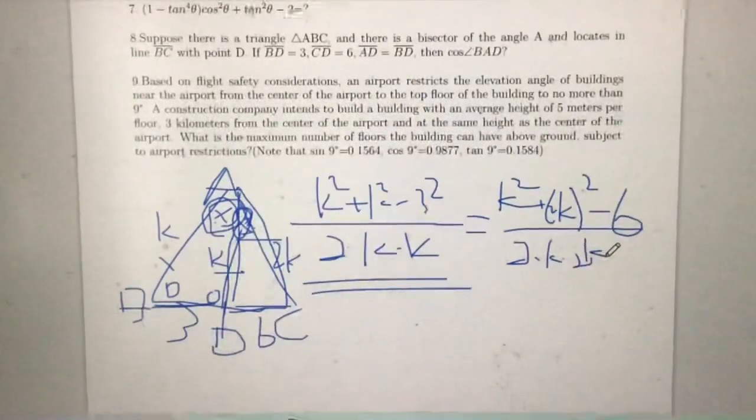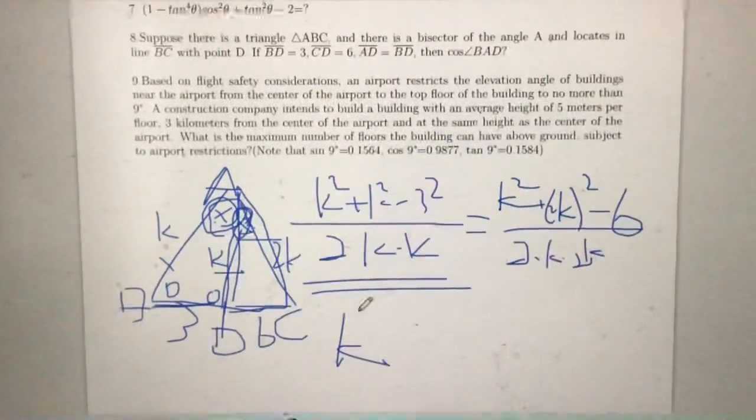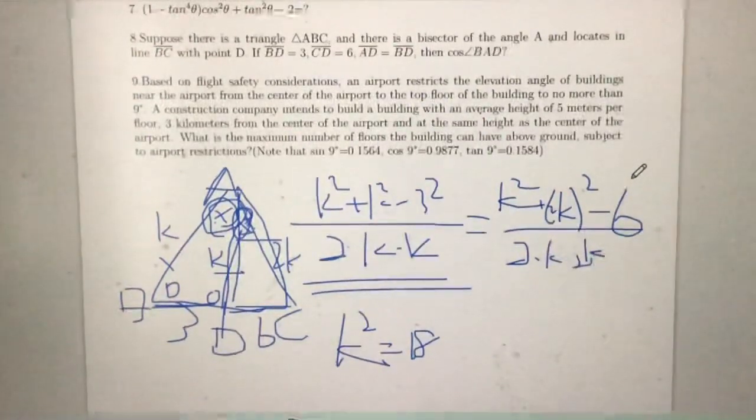And then what is next? So we can get that k squared is equal to, this guy will equal 18. Right? Sorry, 6 squared.